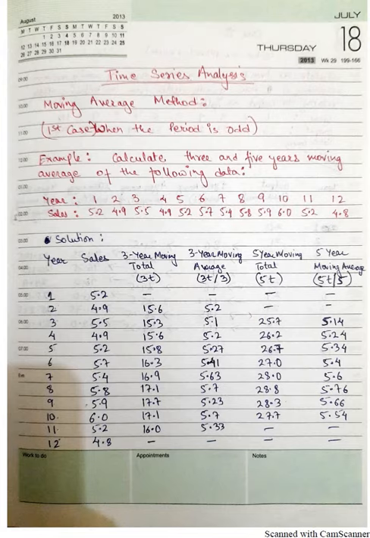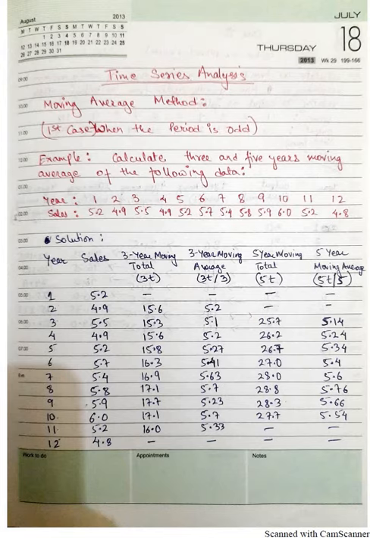One thing you need to keep in mind is that we have to use different methods for the moving average method if the time period that we are given is odd, and if the time period that we are given is even.